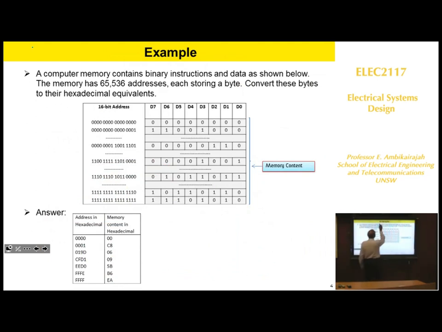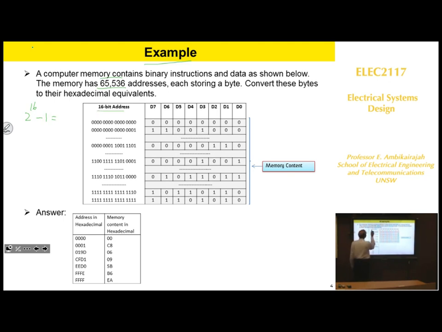Now, how do we use this? Look at an example. We are saying a computer memory contains binary instruction and data, and it has a memory of 65,536 locations. That means we need 16 bits to represent that, because if you have 16 bits, 2 to the power 16 minus 1 is the value of the last position.